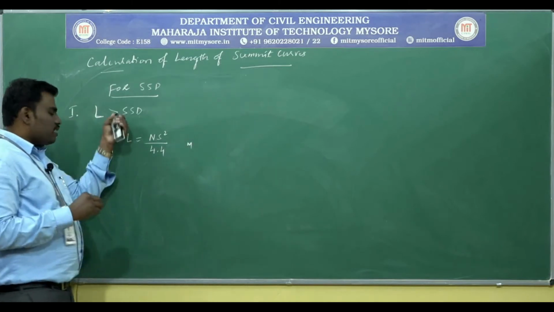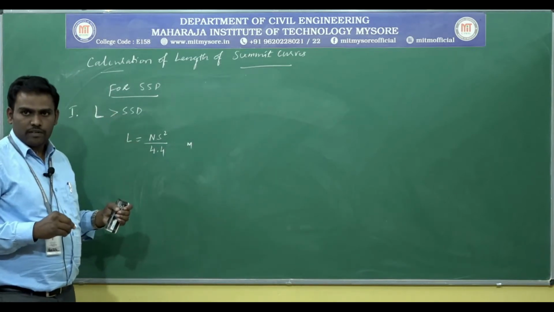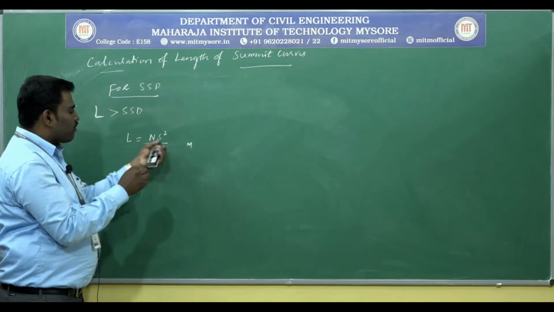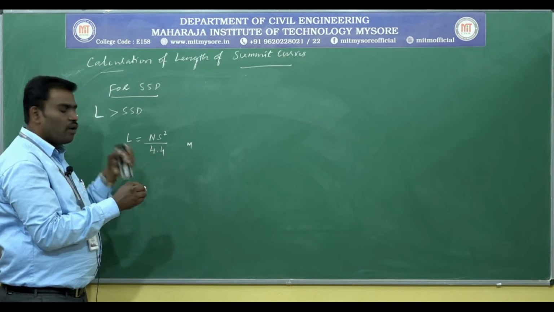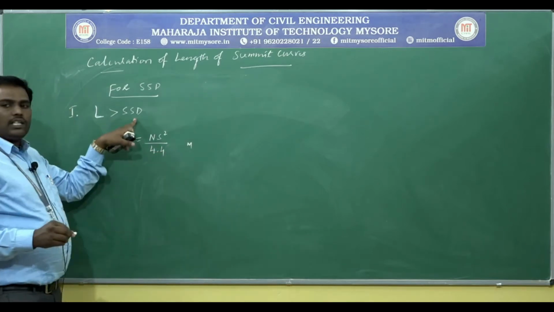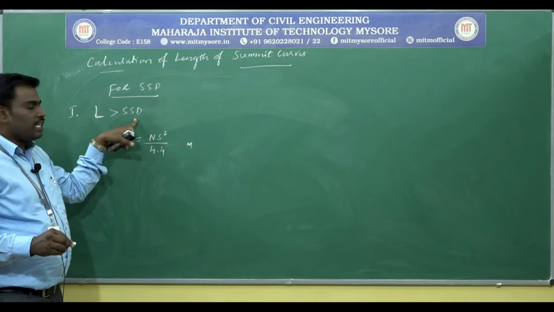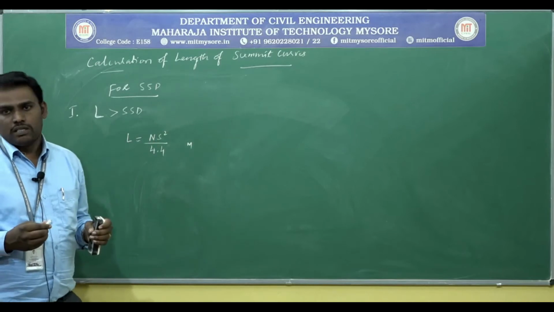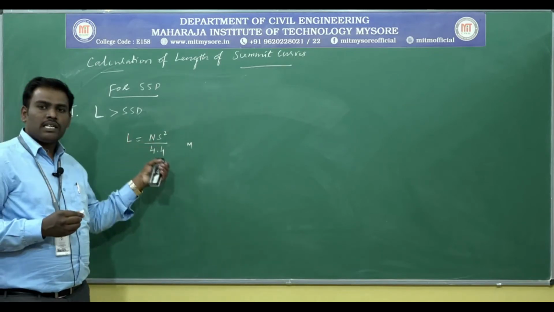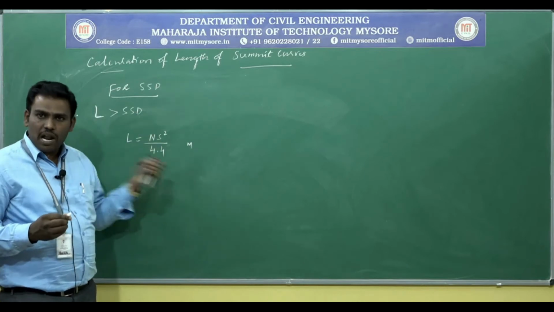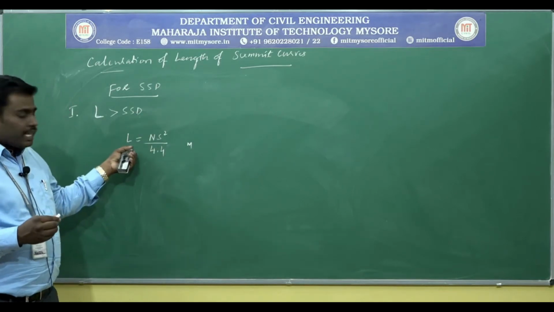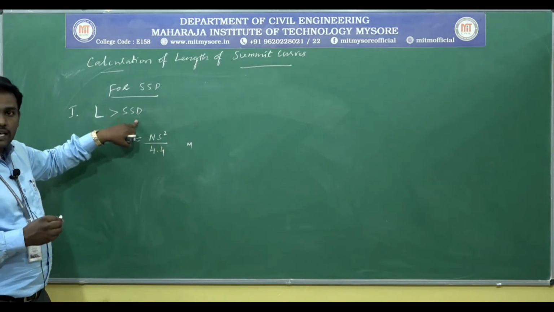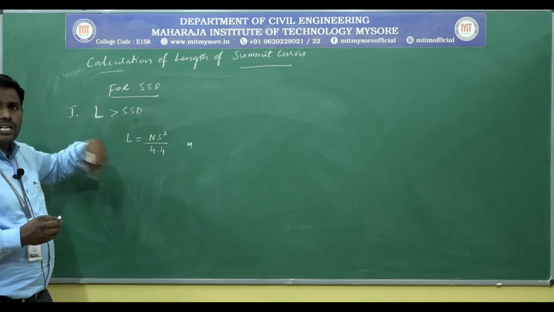If this assumption is correct, meaning the length of summit curve we get from this equation, N S square by 4.4, is more than the given stopping sight distance, then that length will be adopted as the length of summit curve. If the assumption is wrong, meaning the length calculated by this equation is less than the given stopping sight distance, then we use the second case.